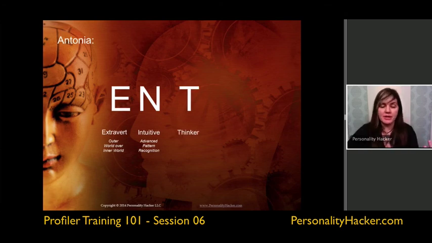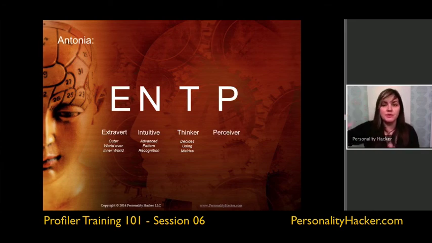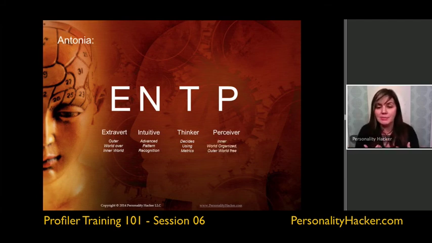I'm a T. I'm a thinker. And that means that I make my evaluation criteria using metrics, impersonal criteria, right? Thinking is impersonal criteria. And the P refers to perceiver, which means that I organize my inner world and I want outer world freedom. All right, so that's my sandwich. ENTP is my sandwich.